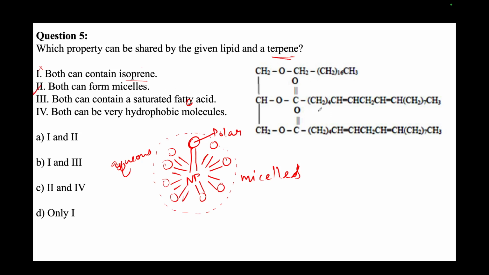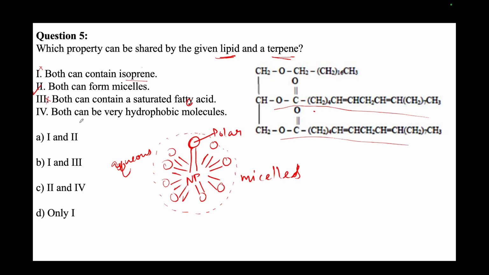So we have saturated fatty acids, these are the fatty acid chains. This lipid has a fatty acid chain, but terpene does not have a fatty acid chain. So both do not contain them, only lipids contain saturated fatty acid chains.